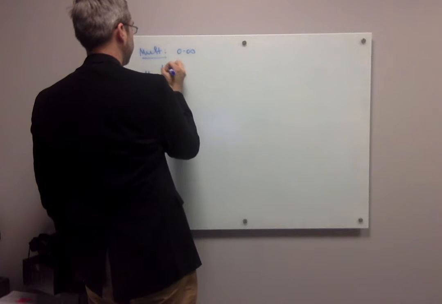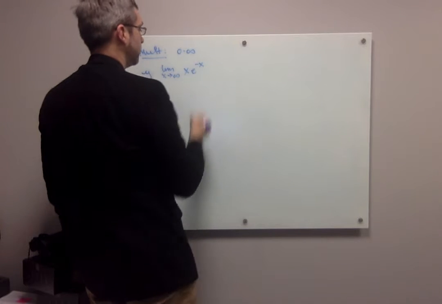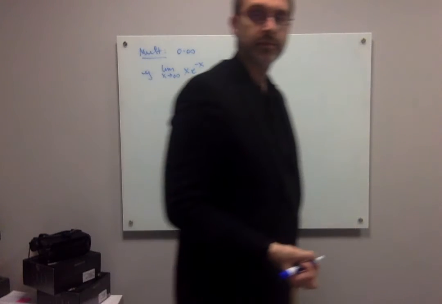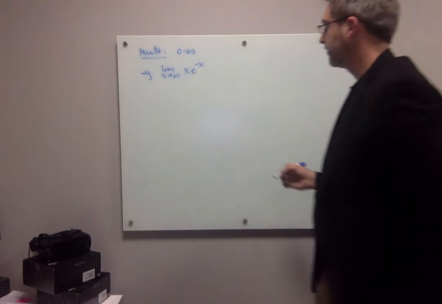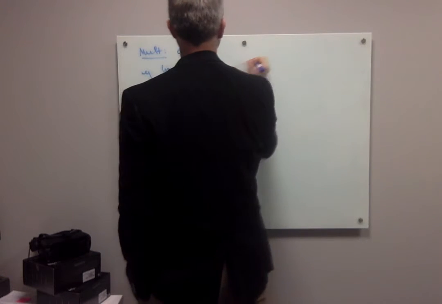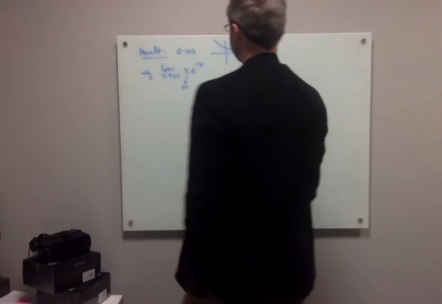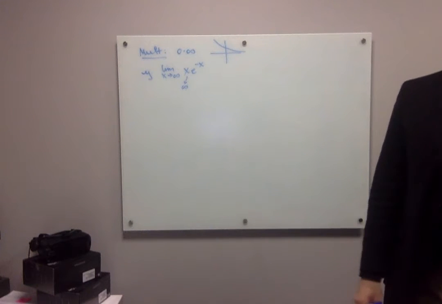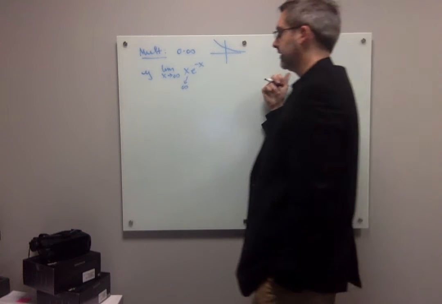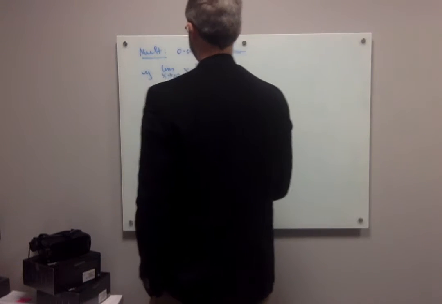Let's take the limit as x goes to infinity of x times e to the minus x. This first term, when x goes to infinity, obviously goes to infinity. E to the minus x looks like this, and when x goes to infinity, that thing is going to 0. So this is 0 times infinity.